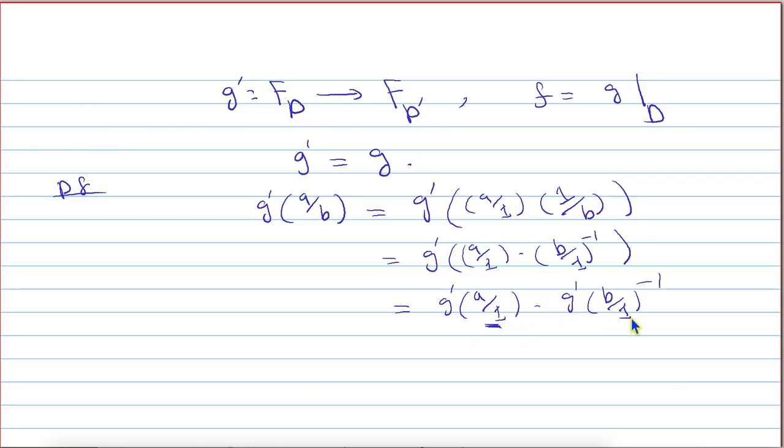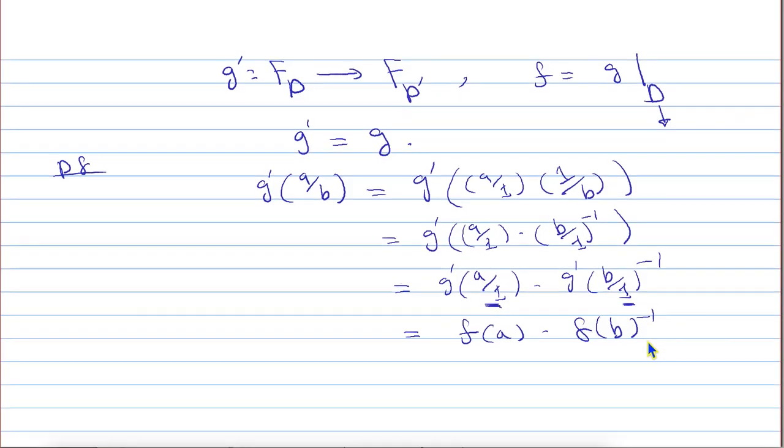Now, A over 1 and B over 1 are elements of D, and we assume that f is the restriction of G prime. So this equals f of A into f of B inverse.